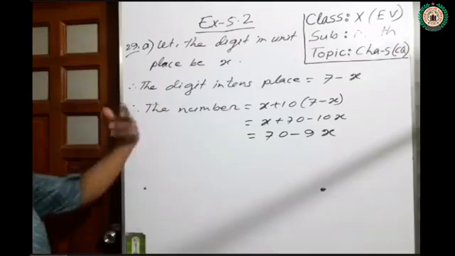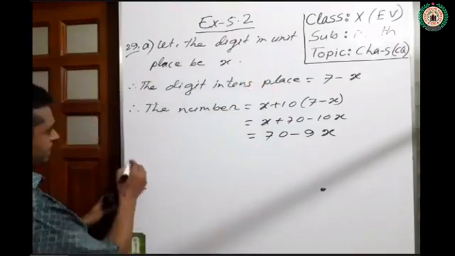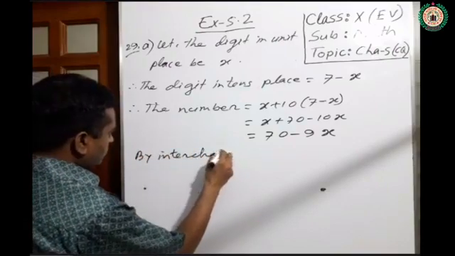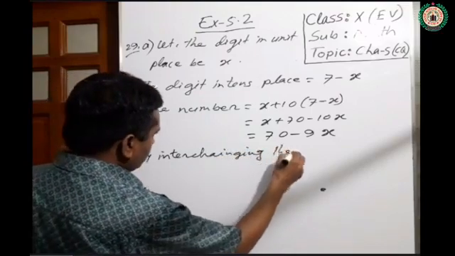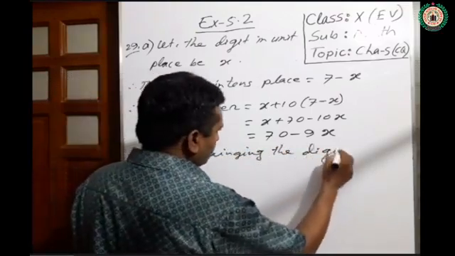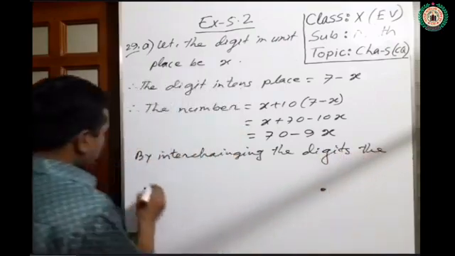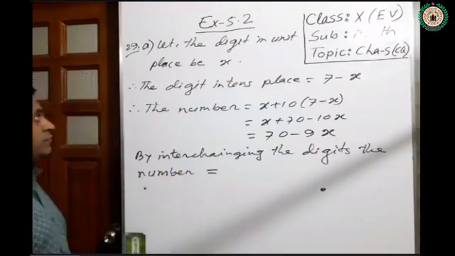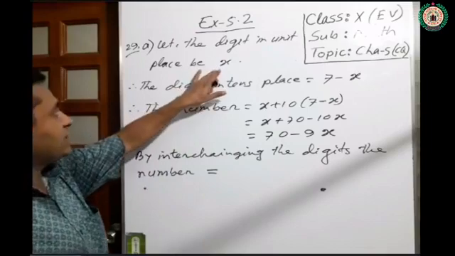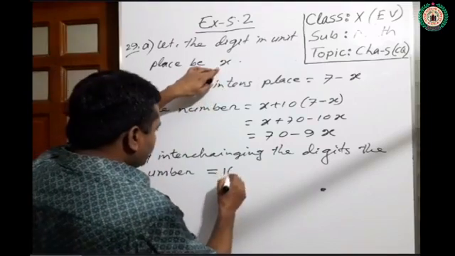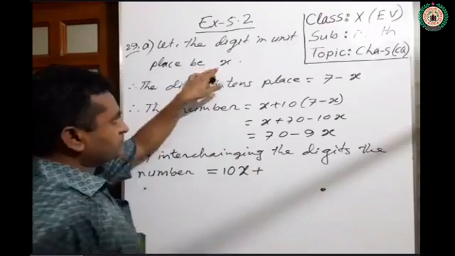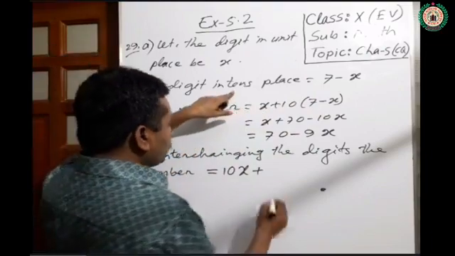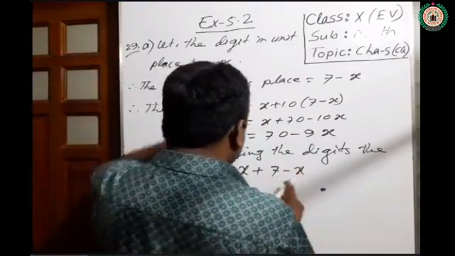Again, if we interchange the digits, x was in unit place, now x will be in tens place, that's why 10x, plus 7 minus x, which was in tens place, now will be in ones place, that's why 7 minus x.